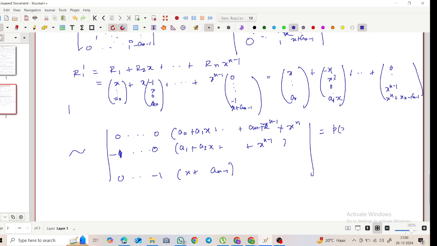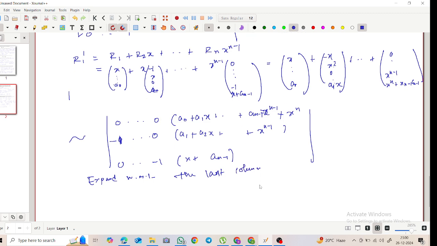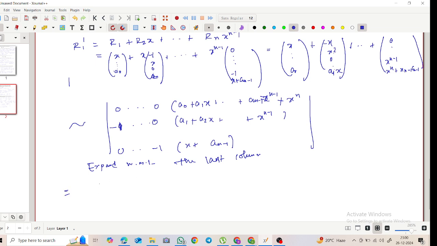So you take px common from the first row, okay? So you get this, or maybe you can do one thing. If you expand this determinant with respect to the last column, what do you get? You get px and then you get this last column.